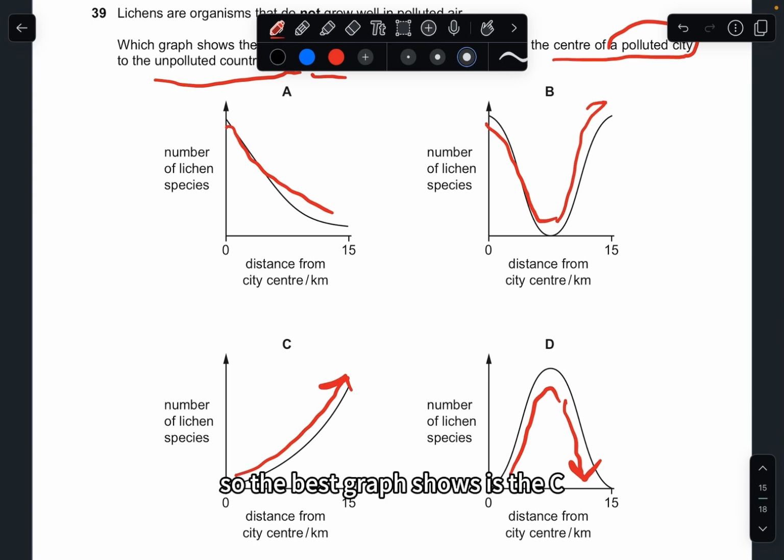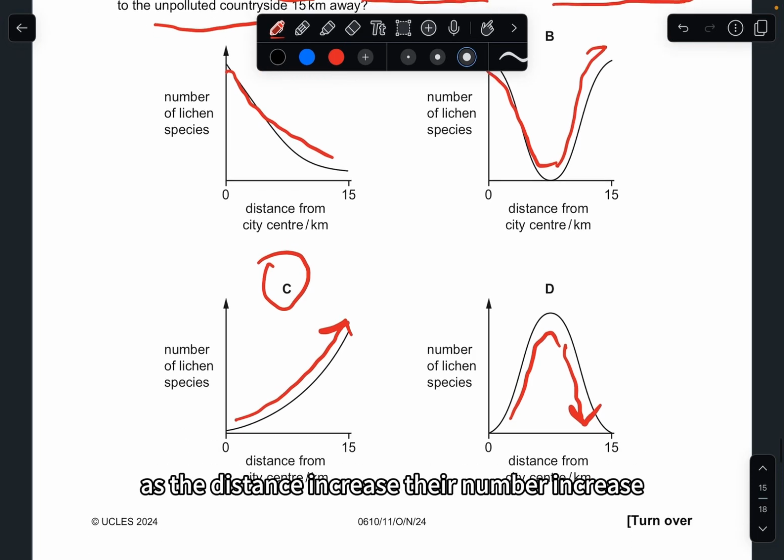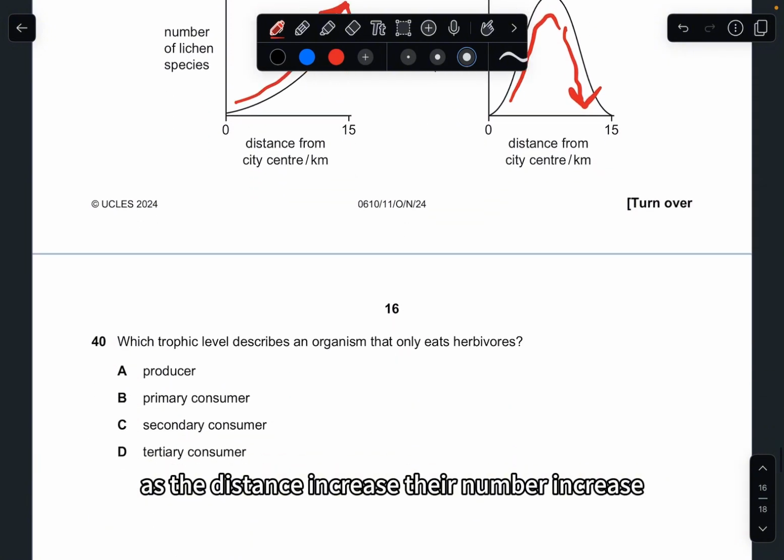So the best graph is C, because lichens love to grow in a clean environment. So it's option C. As the distance increases, their number increases.